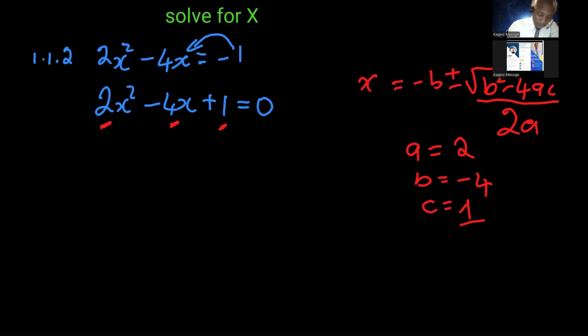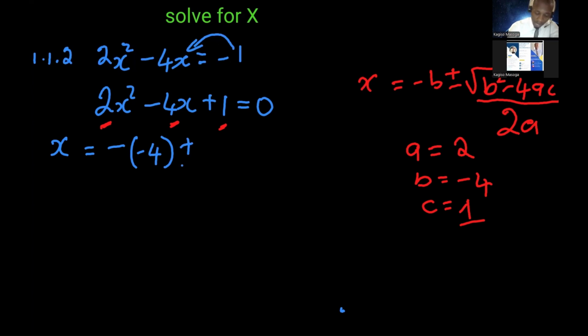So we're going to say x is equal to negative minus 4. Also, mind the signs.